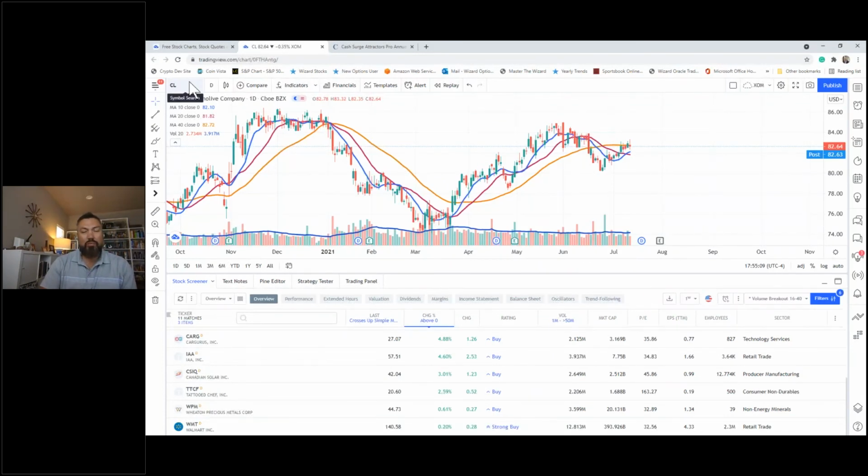SPY is heavily optioned, one of the most liquid options traded. This becomes a Swiss knife for your trading. You don't have to learn 50 techniques. You need one to be successful.